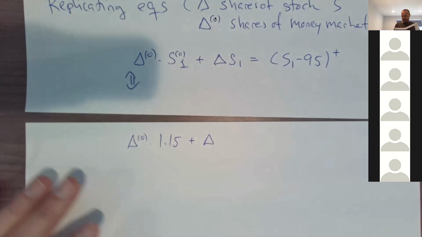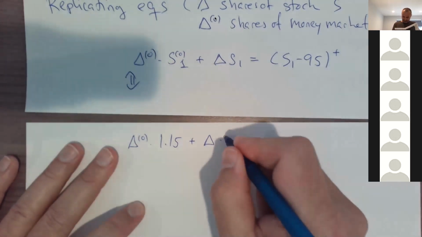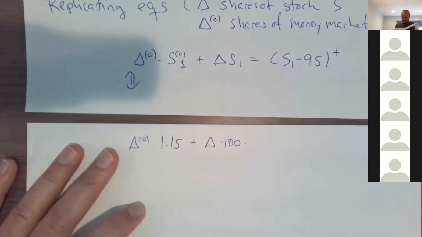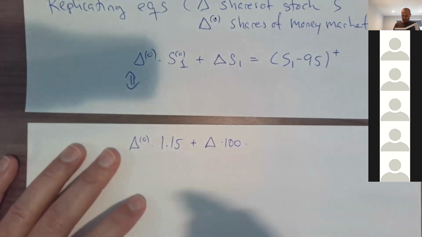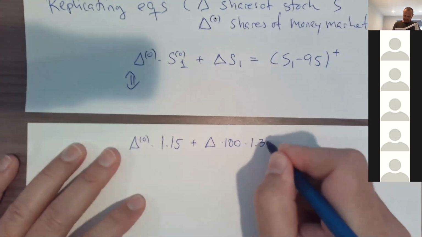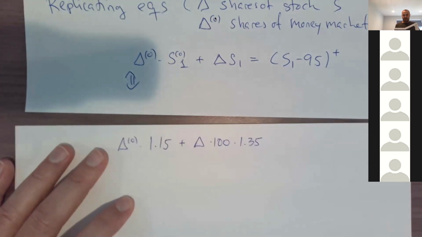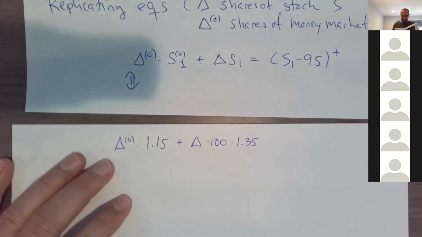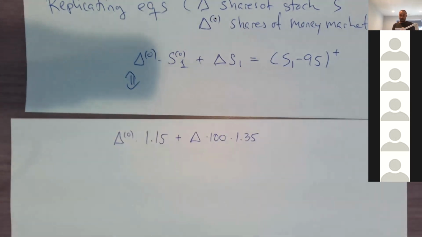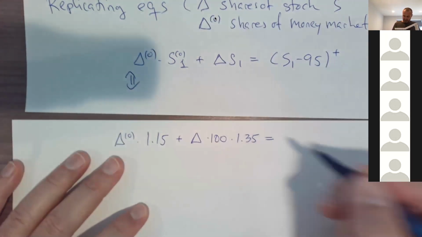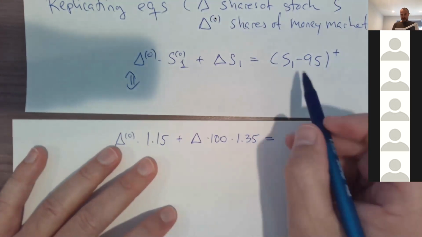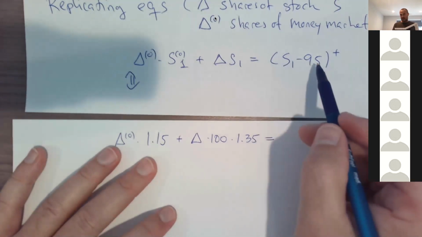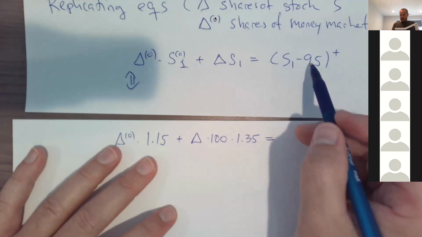And then the stock price, well, what will the stock price be? It'll be 100. And then it can either go up or down. If it goes up by 35%, this is going to be the value of the replicating portfolio in the up state. I want this to be exactly the same as the payoff of the call option in the up state.